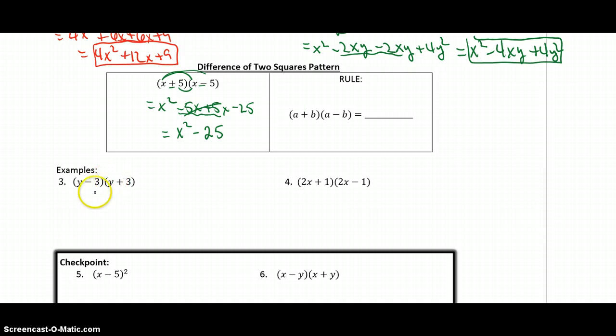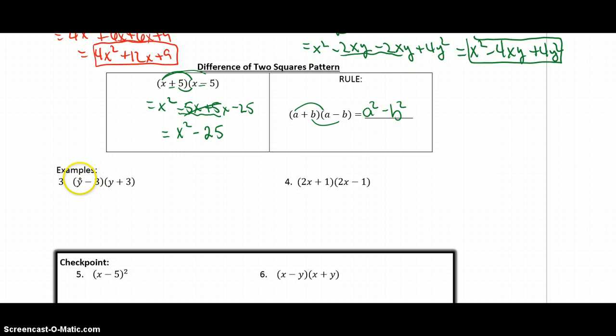And the y and y will multiply to give you y squared. And so that's why it's called a difference of two squares. And so the rule is basically you're going to multiply a times a and get a squared. The two middle terms are going to cancel anyway, and b times negative b will be negative b squared. This is the only time that you won't have anything in the middle.